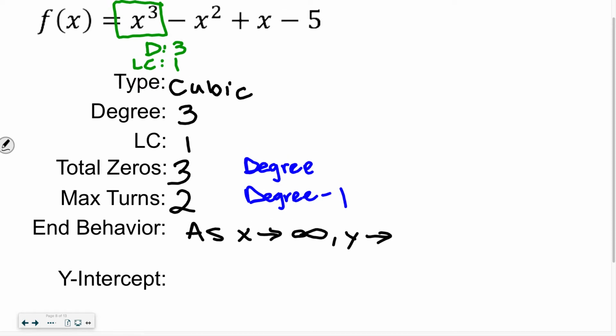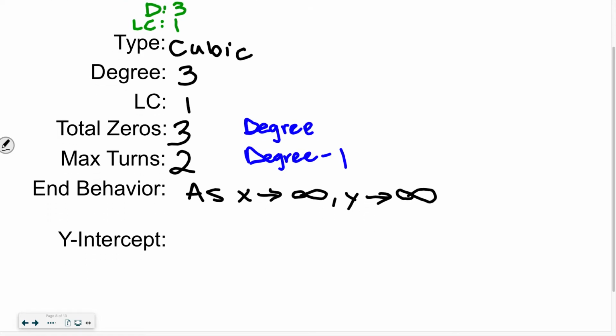The first thing I do is look at my leading coefficient. It is positive. Therefore, the right side is rising, going up. So y approaches positive infinity. That says to me the right side rises, goes up. Luke? Is that how you're supposed to write it? Yep, that's the mathematical notation.